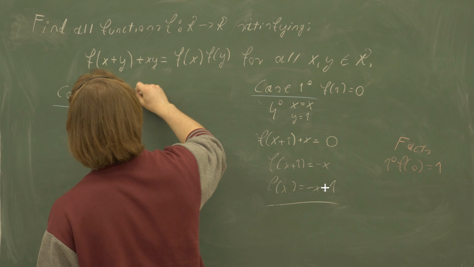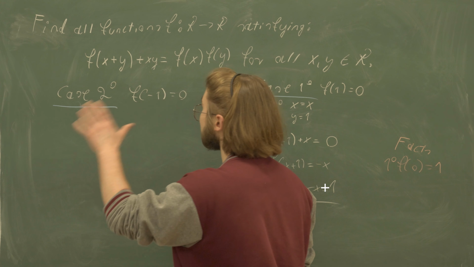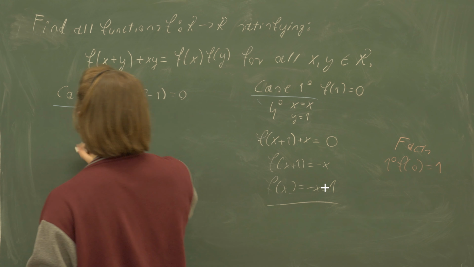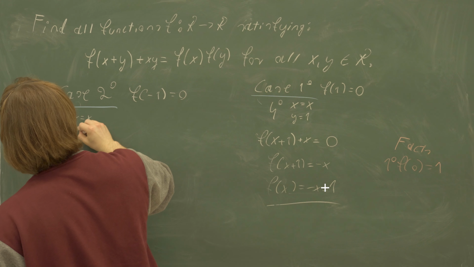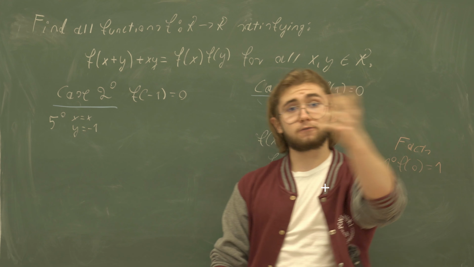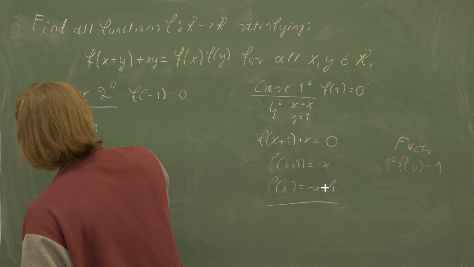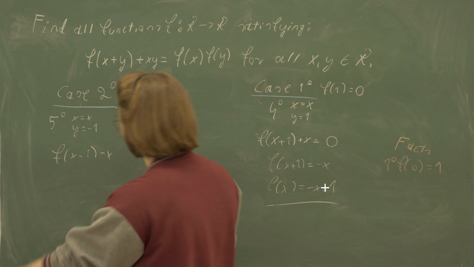I would like to assume that f of negative 1 is equal to 0, and do the same thing as before. I make the fifth substitution of x being equal to x and y being equal to negative 1, and what I get here is f of x minus 1, minus x, because this is going to be negative 1 multiplied by x, so negative x, is equal to 0 on the right hand side.